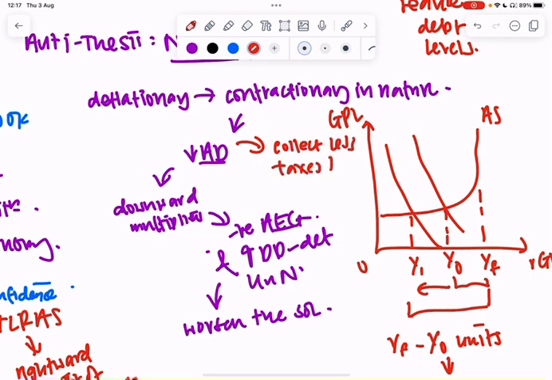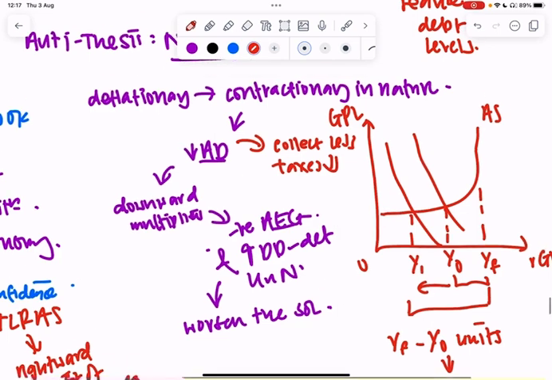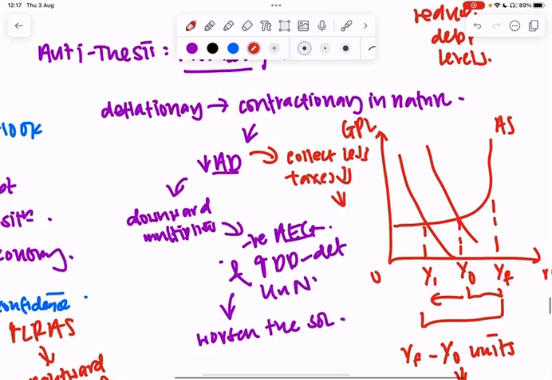Because if people are getting retrenched, people are losing their jobs, people are earning less income, they have less money to give the government in terms of taxes. And this may not even help the government's budget position in the short run, may not help the government's budget strain.